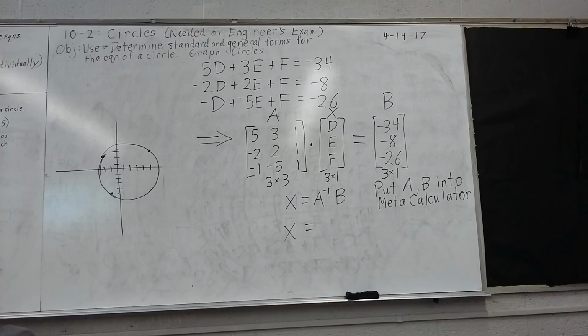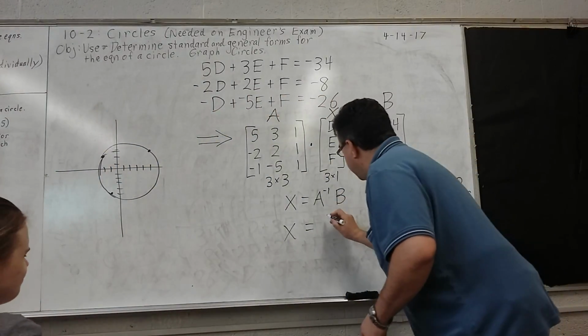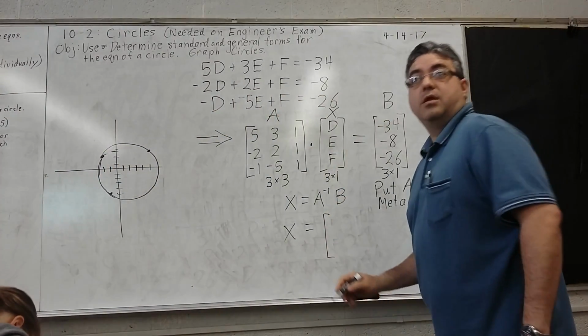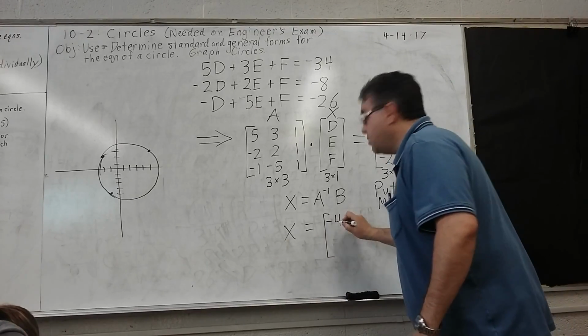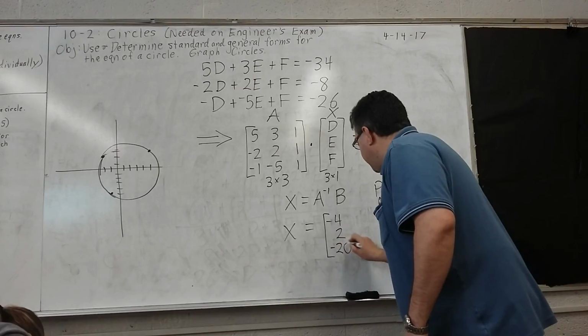I'm gonna write it down. And then you would, of course, hit A inverse times B, and it spits out the answer that A inverse times B equals this matrix. Negative 4, 2, and negative 20.